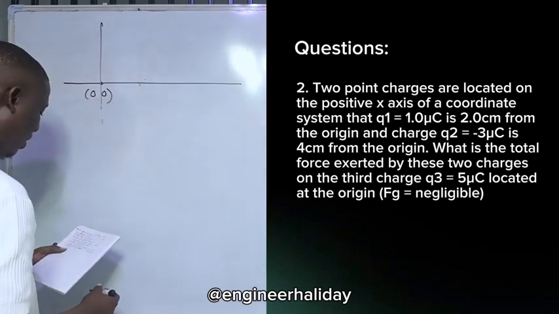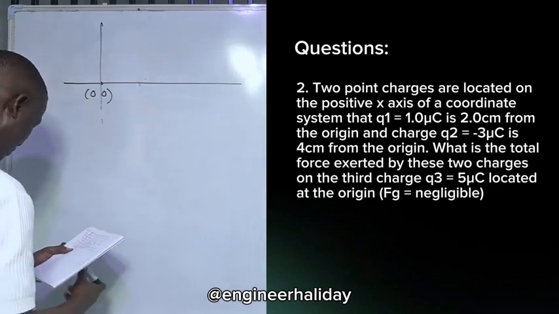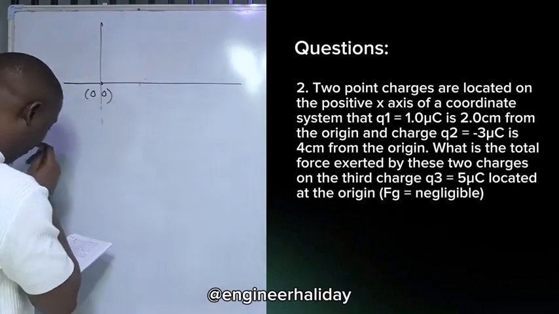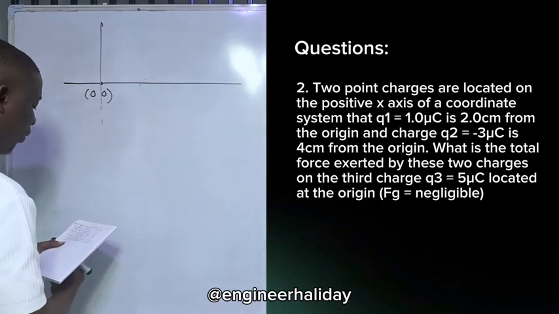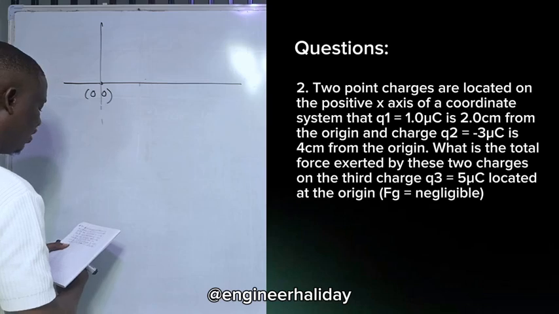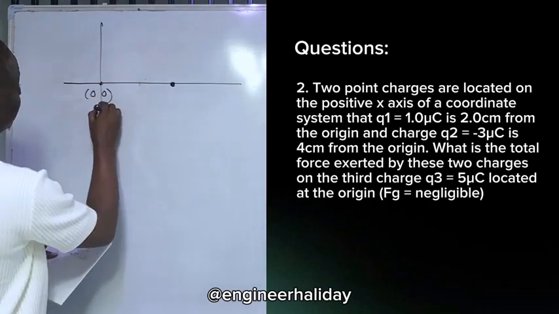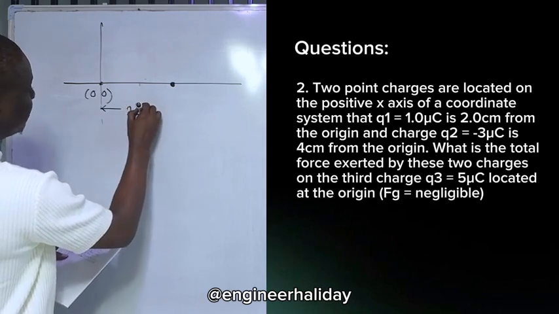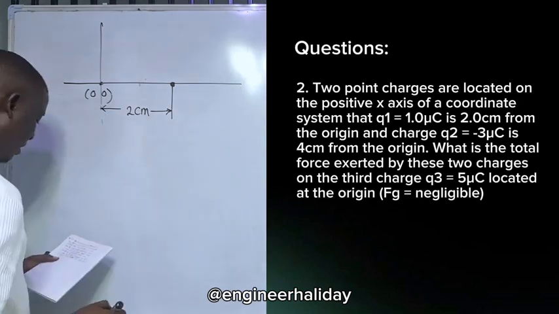Charge Q1, equal to 1.0 microcoulomb, is located on the positive x-axis, 2 centimeters from the origin. So let's locate it 2 centimeters from the origin.